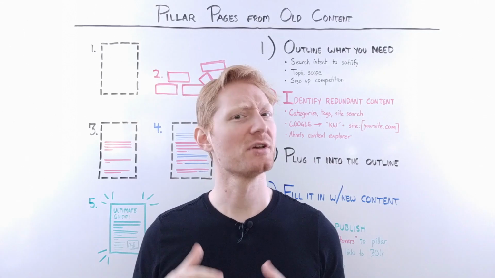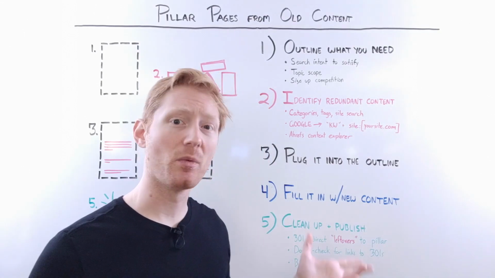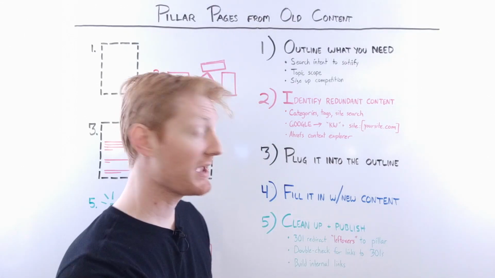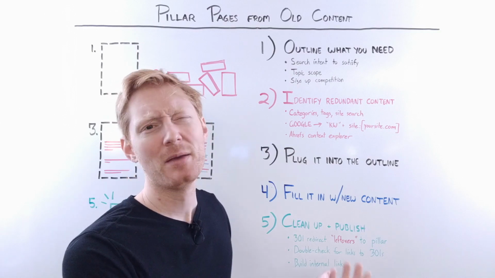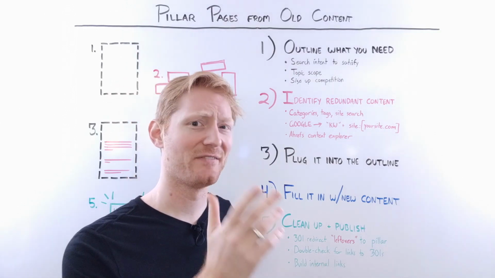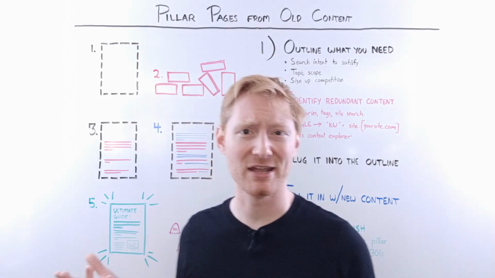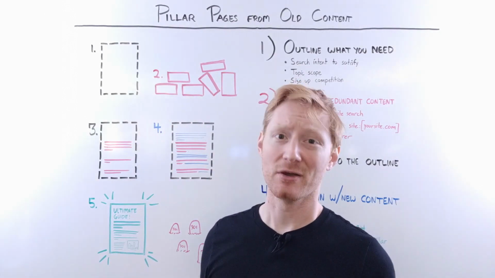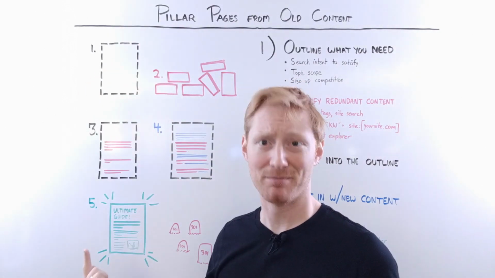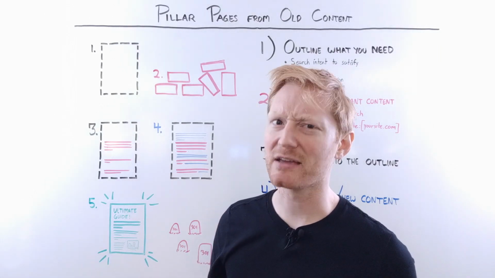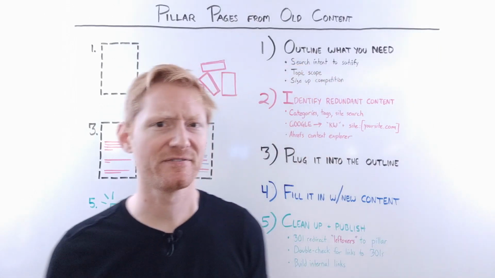So before you publish, double check on that, because you don't want to be linking to a page that you're redirecting, because that's going to give people the experience of clicking on a link within the pillar page that takes them to the old URL, which redirects them back to that pillar page. Really confusing experience and not a fun one.